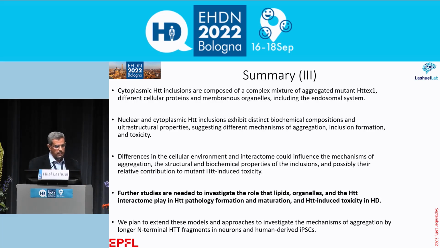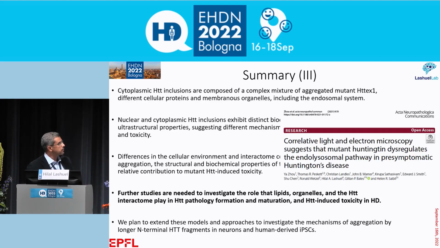We need more studies to investigate the role and interplay between lipids, organelles and Huntington aggregates, and hopefully in our lab, we're trying to extend these models using longer N-terminal fragments into iPSCs from human patients.